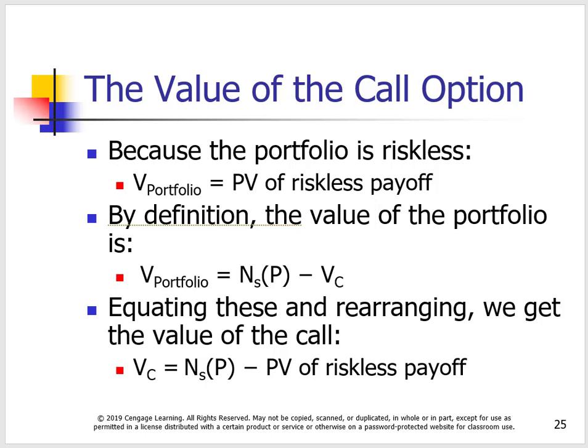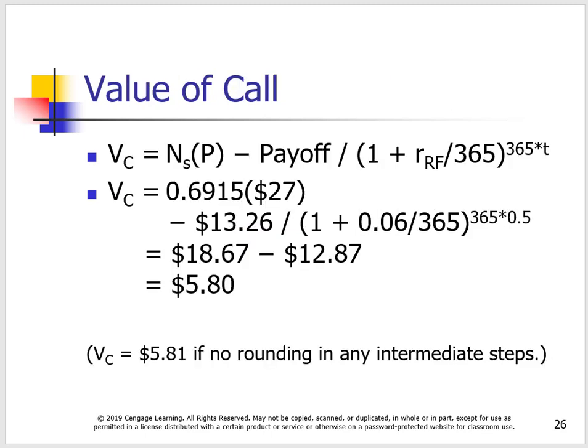And we've solved for the value of the portfolio, and we know what N sub S times P is. So again, if we do this math, it's 0.6915 shares times a $27 stock price today, minus, again, this is the present value of the payoff.